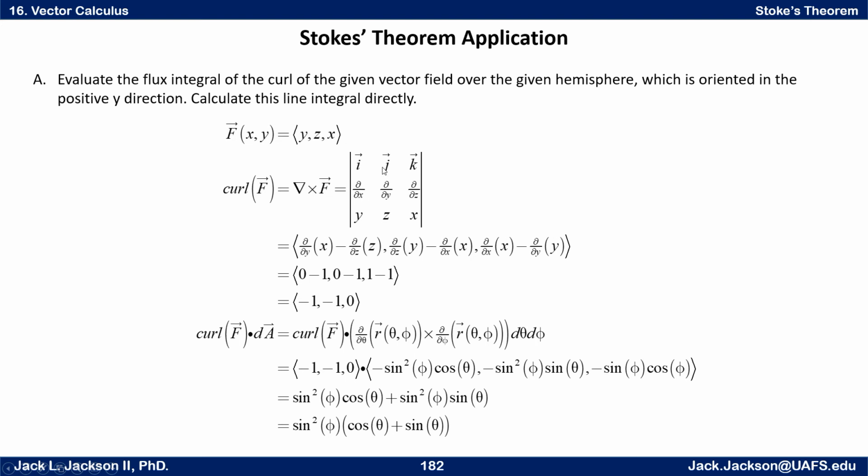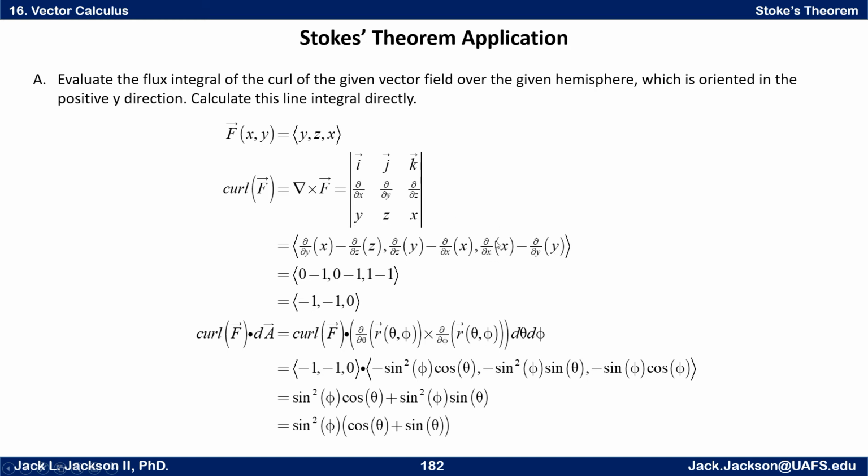For the j part, remember the signs are backwards, so we start this way. The derivative with respect to z of y minus the derivative with respect to x of x. This part is 0, that part's 1, so you get minus 1 in the middle. And for the k component, get rid of that row and column, do this determinant. The derivative with respect to x of z minus the derivative with respect to y of y.